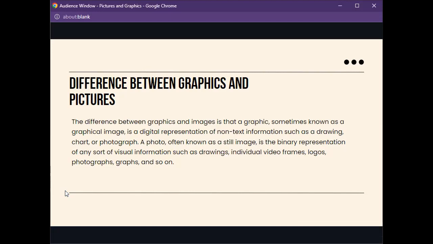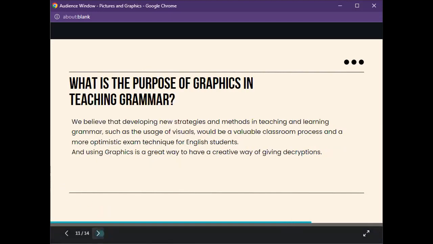While a photo, often known as a still image, is the binary representation of any sort of visual information, such as drawings, individual video frames, logos, photographs, graphs, and so on. So what is the purpose of graphics in teaching grammar?